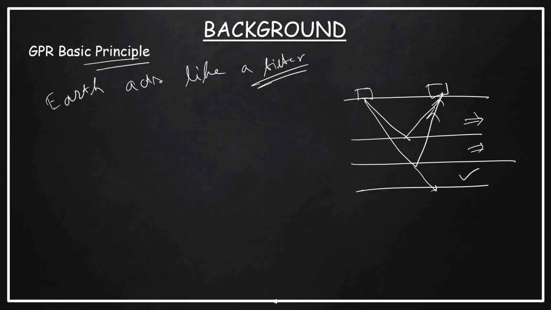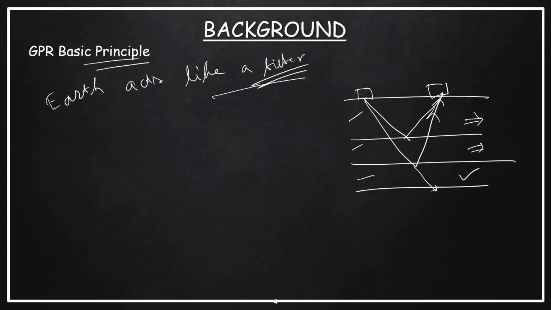Now as I have mentioned that Earth acts like a filter, think of the subsurface as a series of filters. Each layer of the material, whether it's soil, rock, or voids, acts as a filter that modifies the GPR pulse.